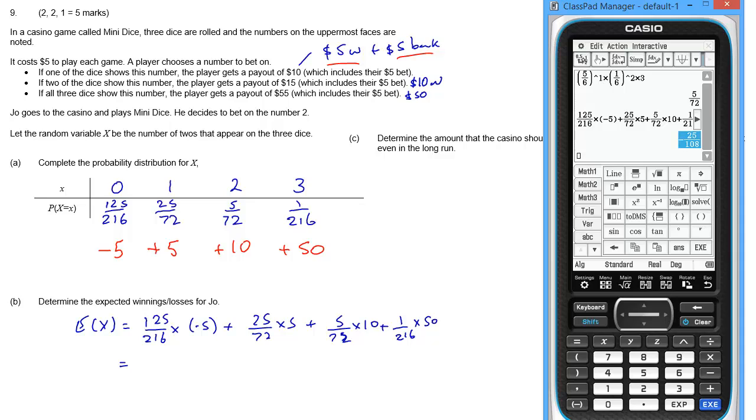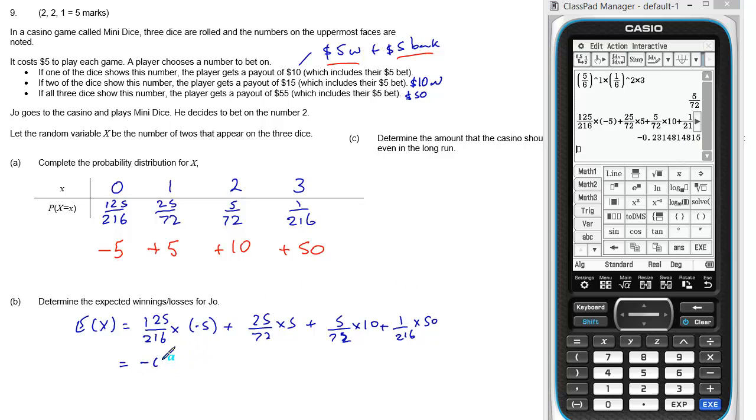And I'm going to make that one into a decimal, so that's -0.23. And that means 23 cents loss per game in the long run.